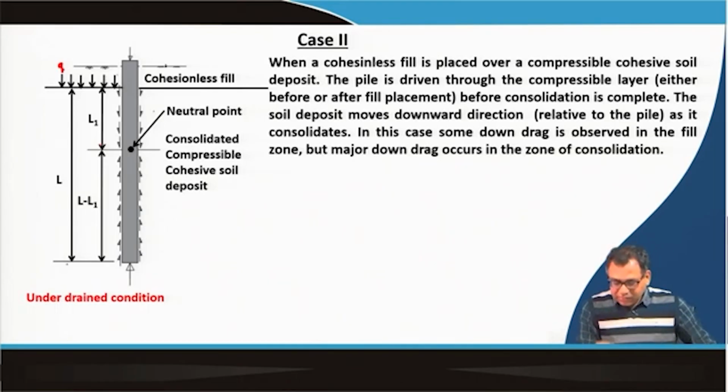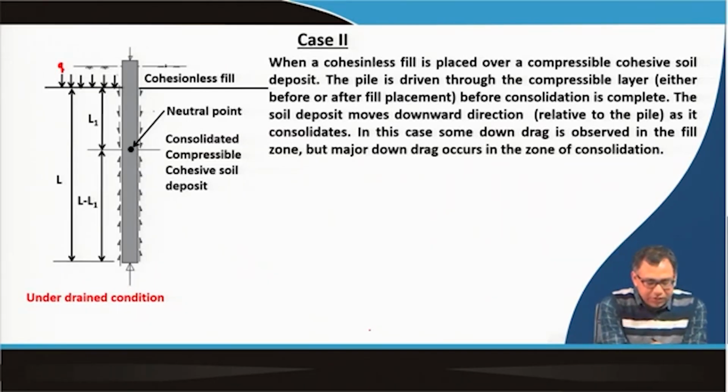Okay. So, now we have to calculate what is the L1 value. To calculate the L1 value, as we have mentioned, this is the fill that is acting on this compressible layer. So, again the distribution is like this.